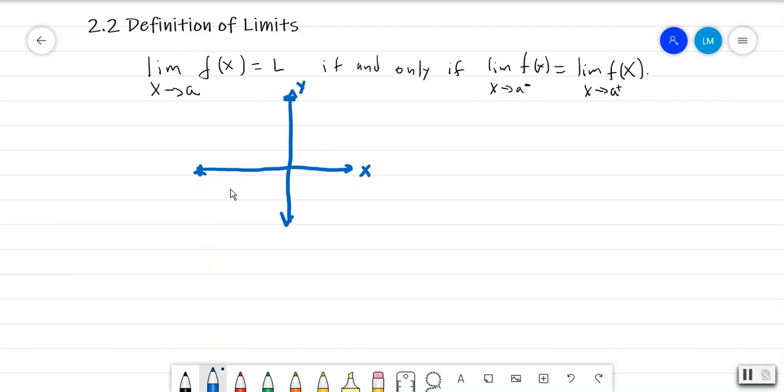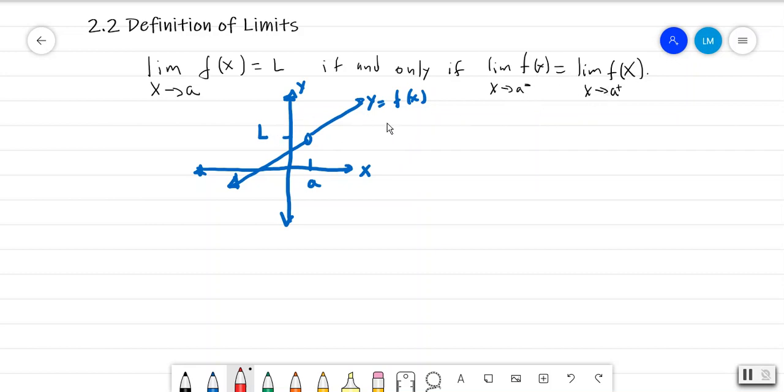Let's say you have an equation y equals f of x, and let's say that this is a, and this is L. If we follow along the graph with respect to the x-axis and look at what's happening to the y values along the y-axis, we can see that approaching from the left side, it's going to be L. When we approach from the right, that's also going to be L.